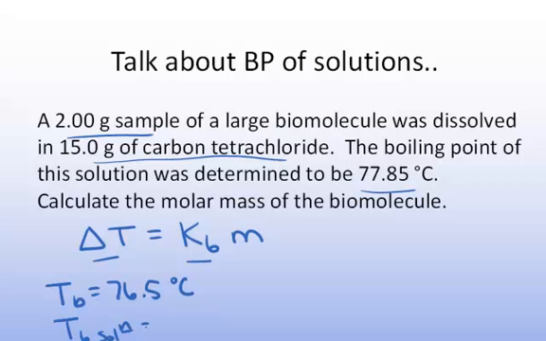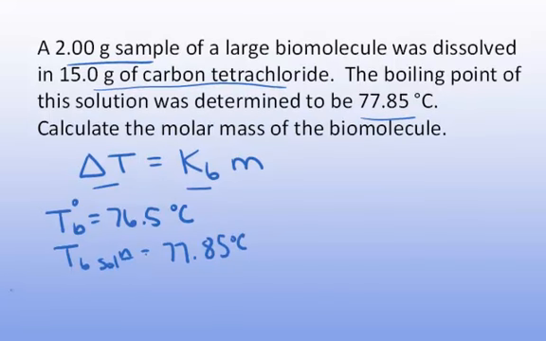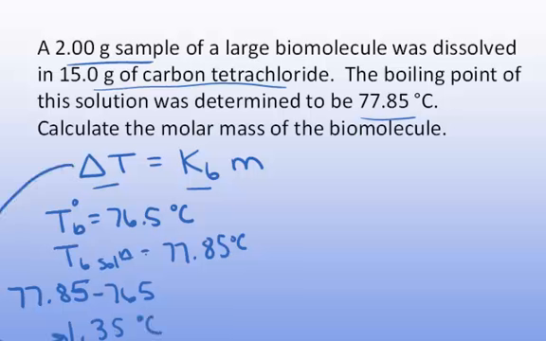This is for pure solvent, and for the solution it's 77.85 degrees Celsius. So the change in temperature is 77.85 minus 76.5 degrees Celsius, which is 1.35 degrees Celsius. Okay, so that's the change in temperature right here.